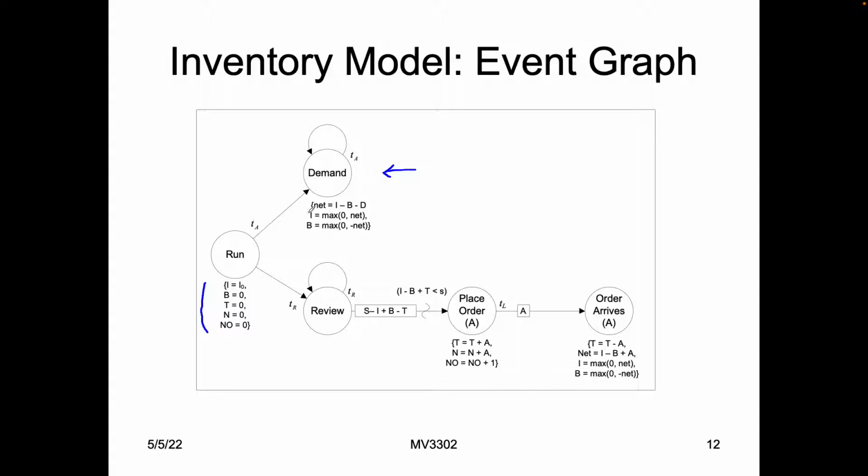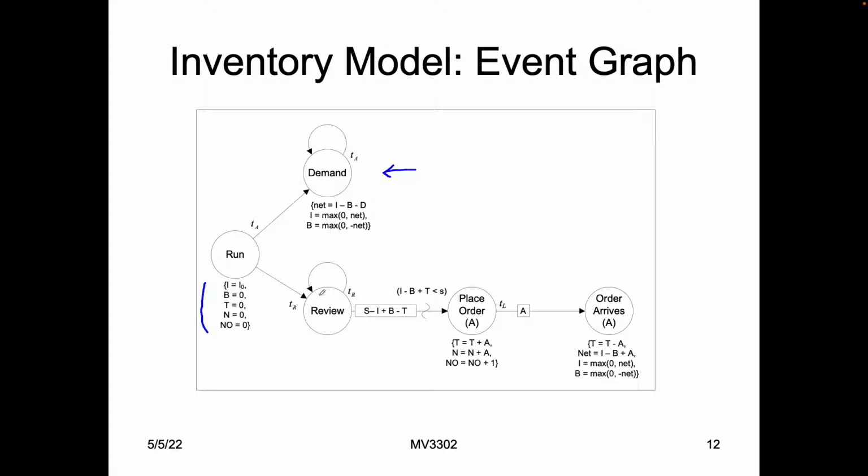To update our on hand and back order, we take the maximum of this net value or the maximum of 0 and minus that. Net will be positive, negative, or maybe 0. If it's positive, we still have some on hand. If it's negative, we have 0 on hand and back order is now positive.